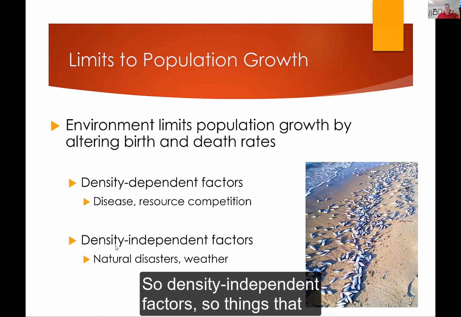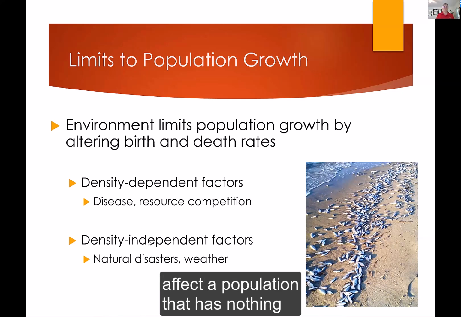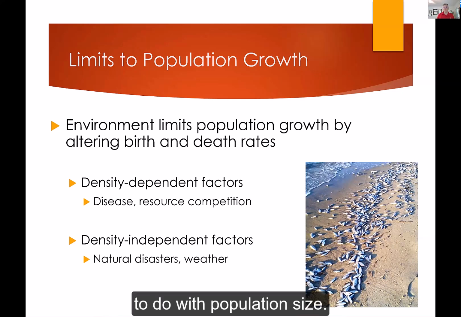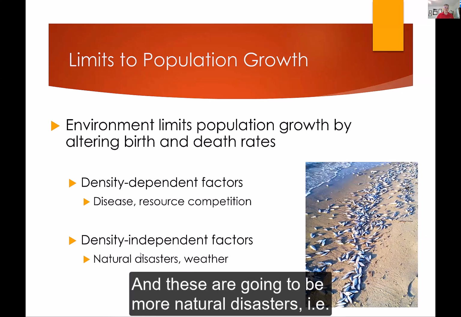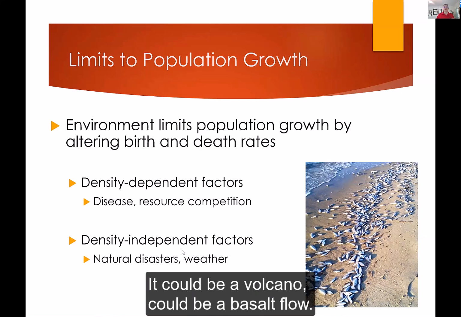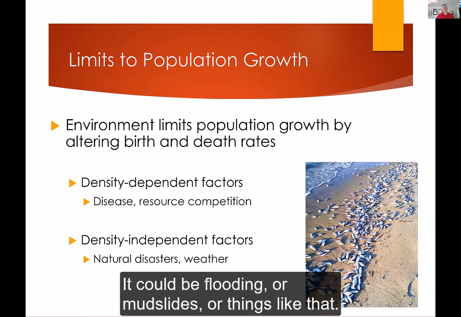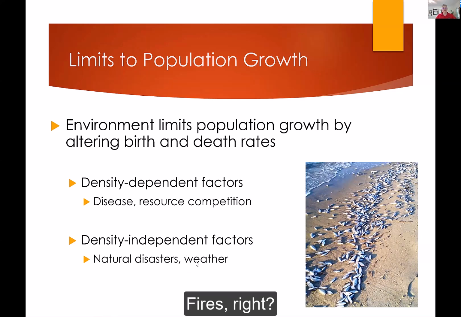So density independent factors, right? So things that affect a population that has nothing to do with population size, right? And these are going to be more natural disasters, i.e. weather, could be a volcano, could be a basalt flow, right? Could be flooding or mudslides or things like that, fires, right?